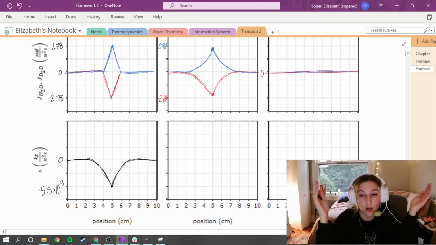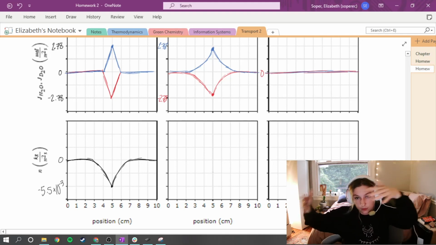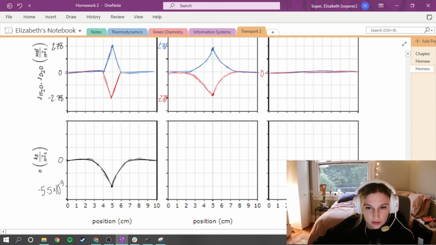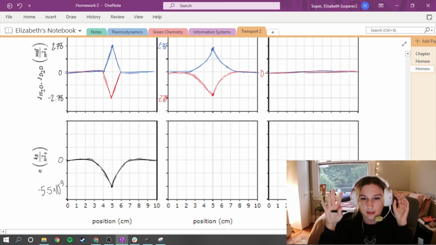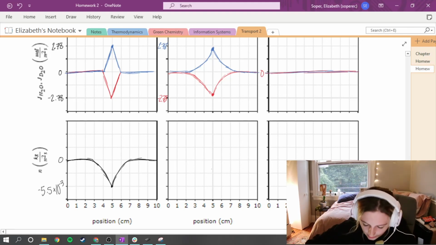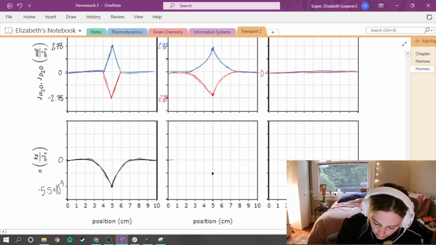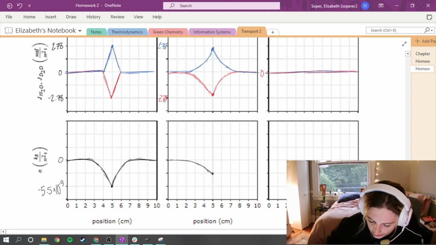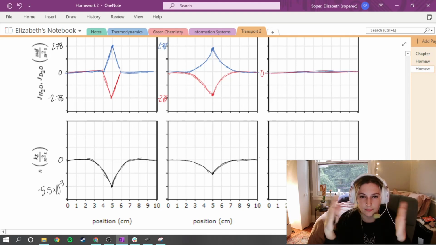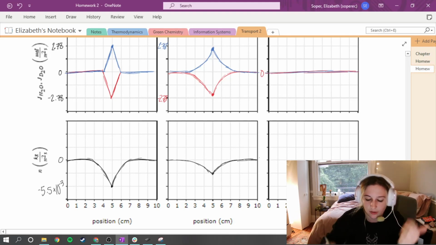So the overall flow of everything is going to decrease. But everything else is still going to be at 0 on the ends at 60 seconds because it's still working towards there. So the overall molar flux at 5 centimeters is going to be closer to 0. And then it's starting to even out.